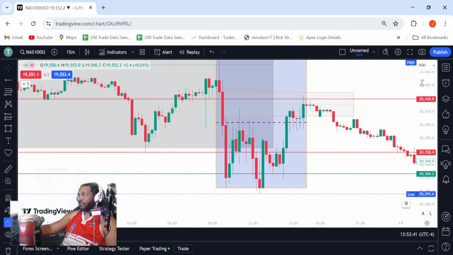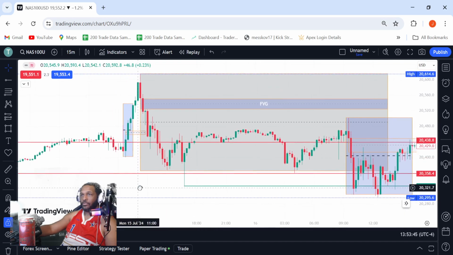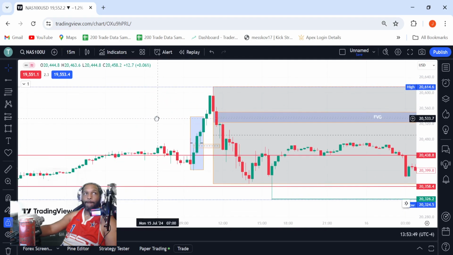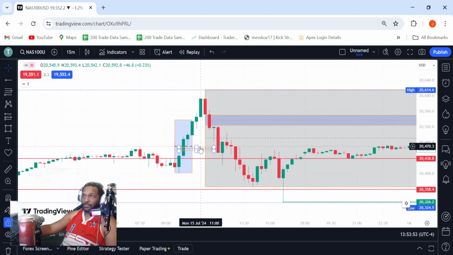Now, if you remember back to Monday, let's go back to Monday real quick. When it came back to the consequent encroachment, it ran right through it. It closed below, and there was a fair value gap back here that it closed below.